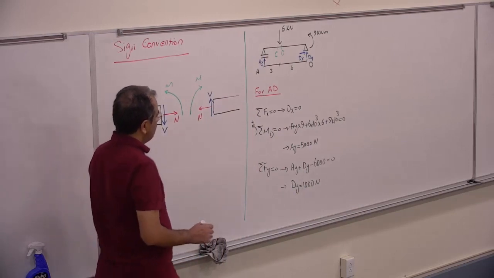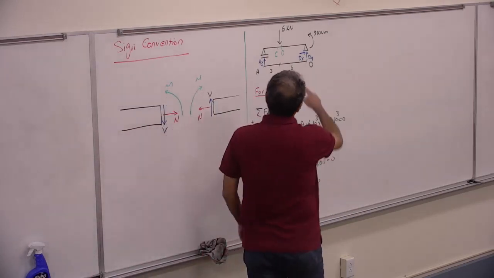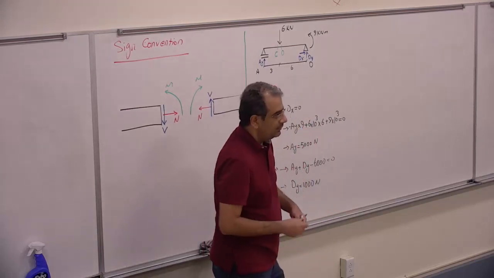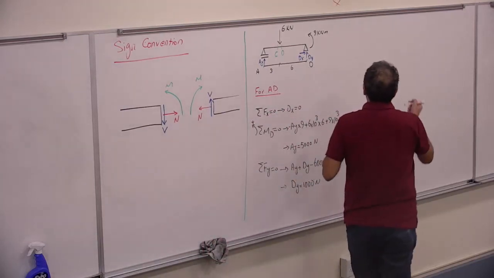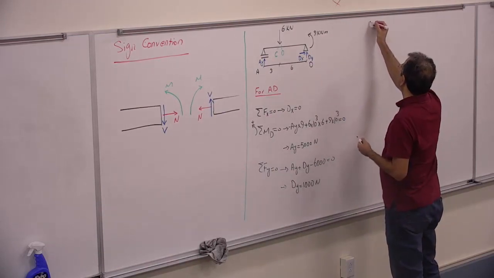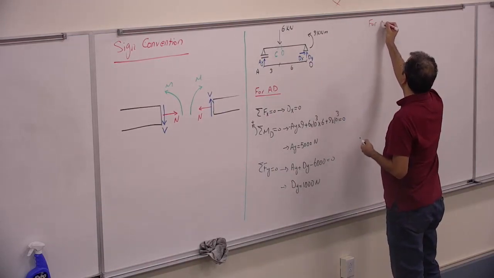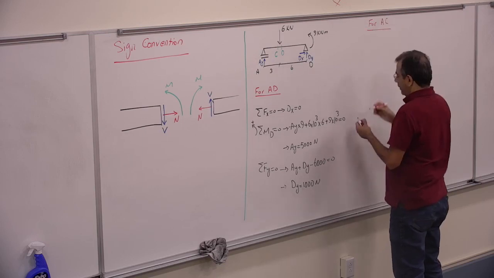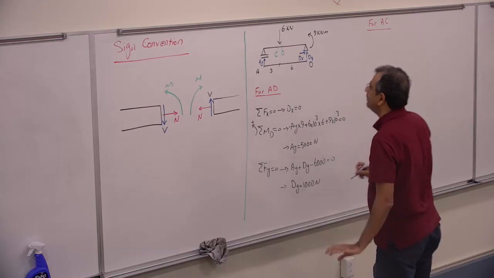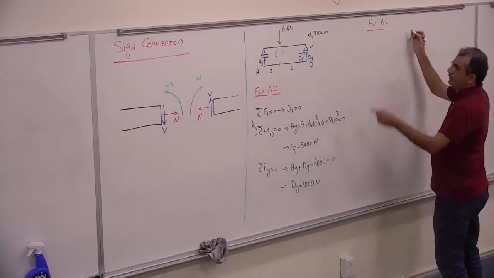The next step is that I want to see what happens at C. So I will cut it at C, and I will say for AC, if I cut it at C, this is what I'm going to get.